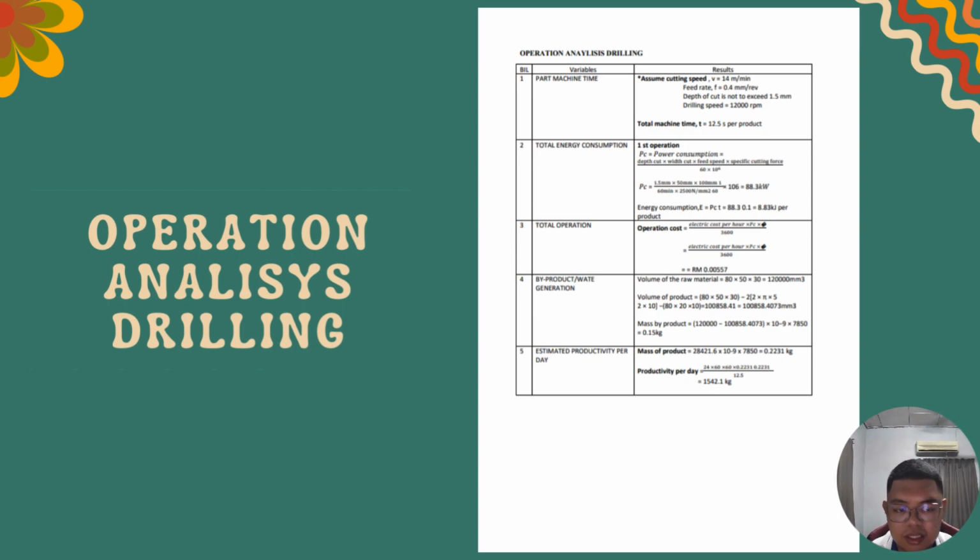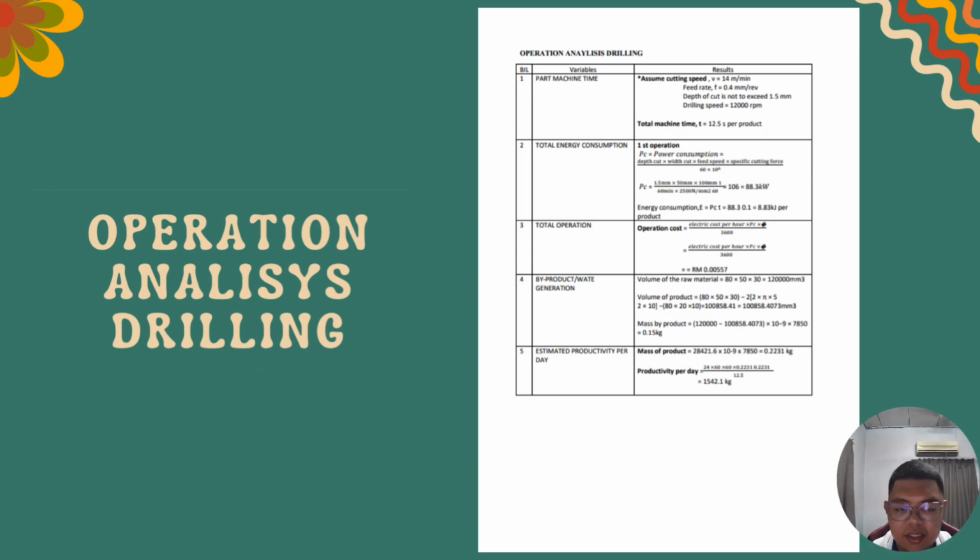Next, the total operation cost is 56 cents per unit. And the fourth is byproduct or waste generation. The volume of the raw material is 120 cubic millimeter, same as milling, and the mass of product is 0.15 kilogram.